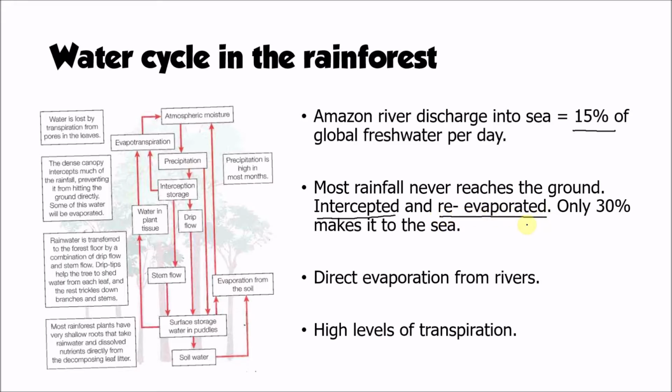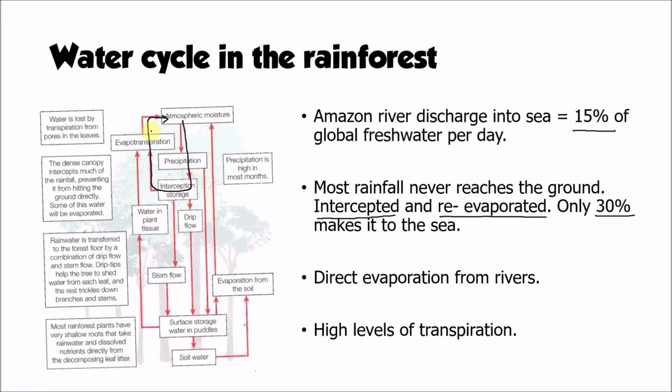So of all the rainfall that falls, only about 30% of that water actually reaches the ocean. The rest of it is caught up in a closed cycle whereby the water is within the atmosphere, it rains, it's intercepted, and then it's evaporated again. So most of the water is trapped within this loop.